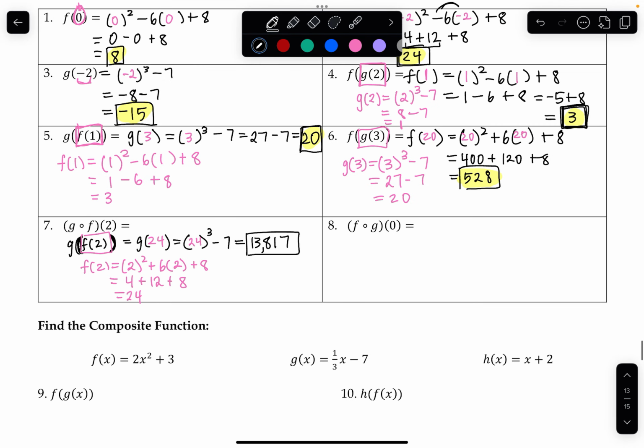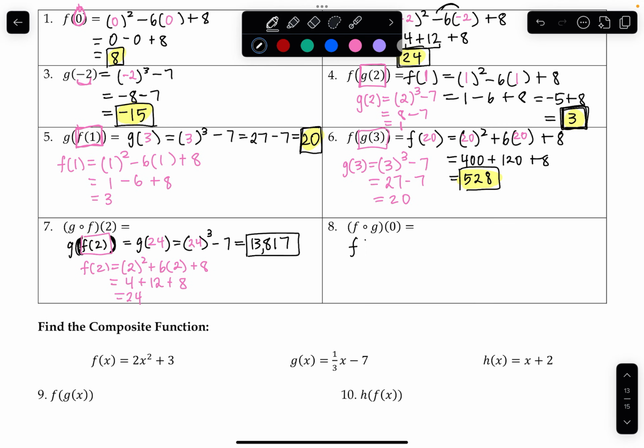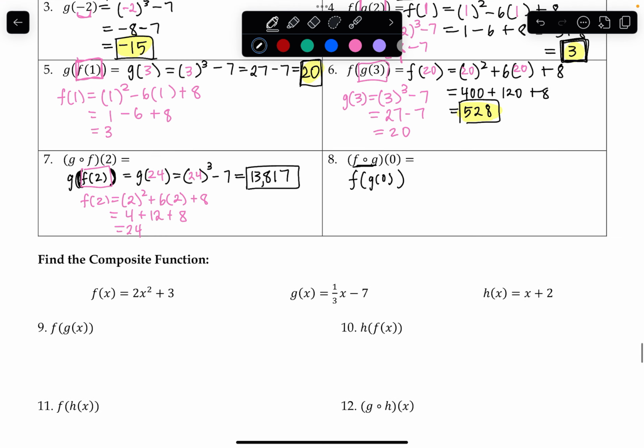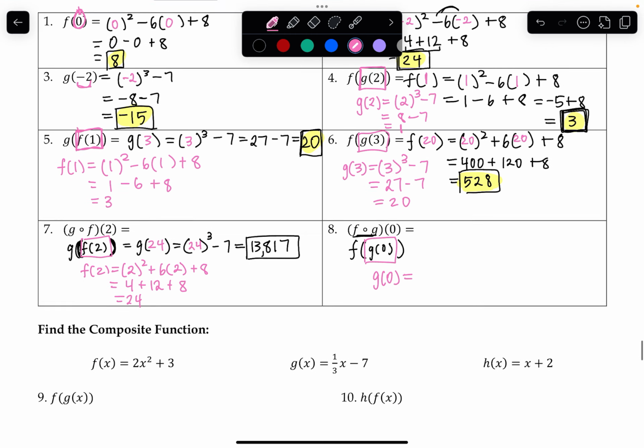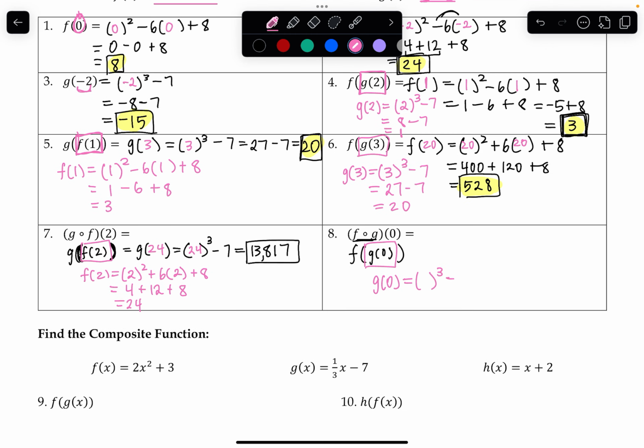Okay, last one. First thing I'm going to do is rewrite the notation. So f of g of 0, keeping the same order. And so that means we need to find g of 0 first. Getting the rule for g, it's x cubed minus 7. So x cubed minus 7. 0 cubed is just 0. Subtract 7, we get negative 7. So this problem becomes f of negative 7.